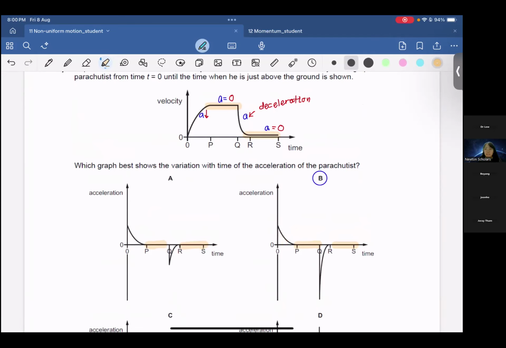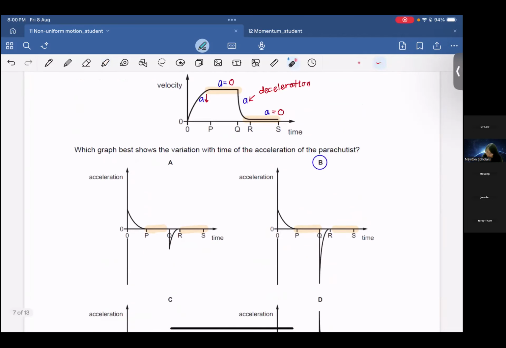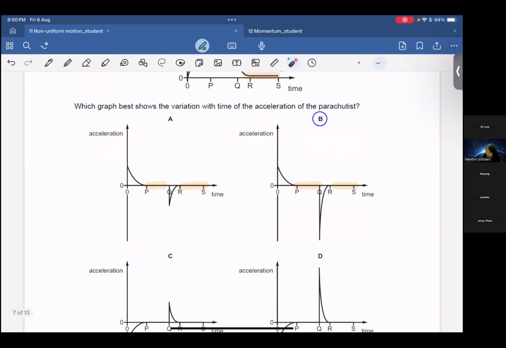Answer is B. Kai-Chen said A. Kai-Chen, here it decreased sharply, so this one is much more suitable. This one only decreased a bit. So B is the more suitable answer. Okay, we go to the next page, page number 8.